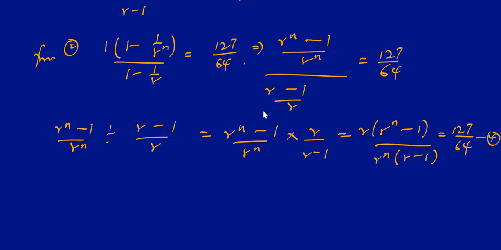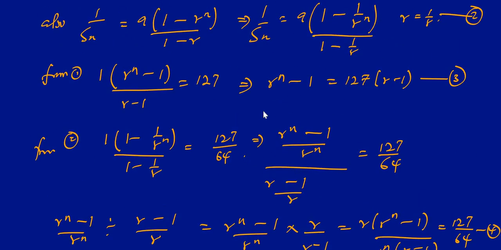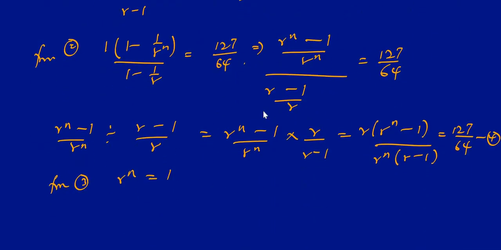So, solving 3 and 4, we already know that from 3, R raised to the power of n will be equal to 127 bracket R minus 1 plus 1. This will be equal to 127R minus 127 plus 1, and this will be equal to 127R minus 126.